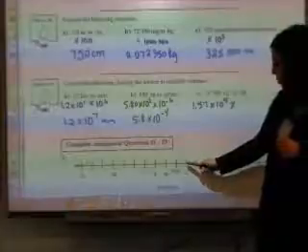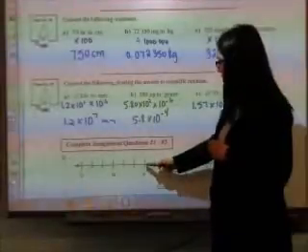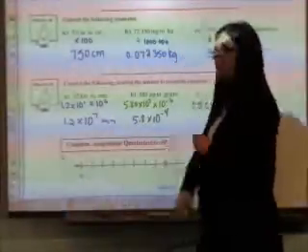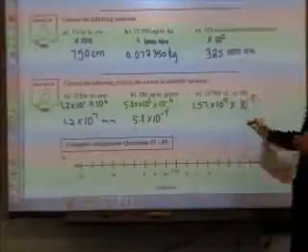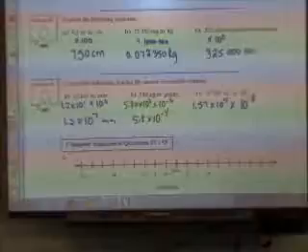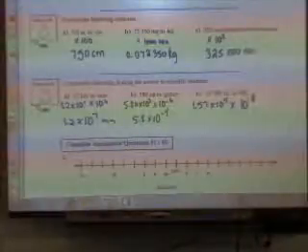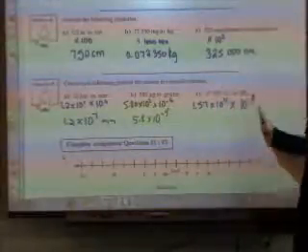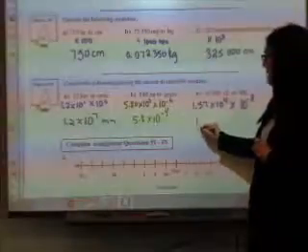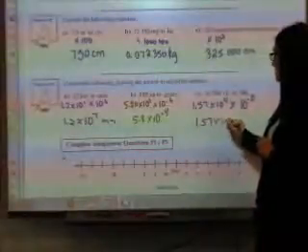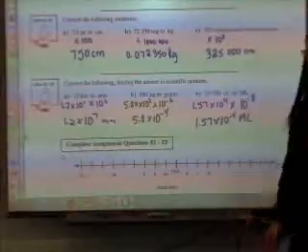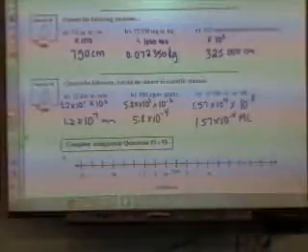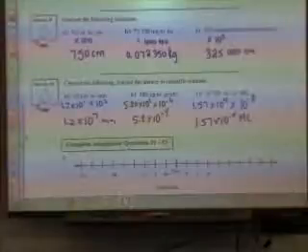If I count 1, 2, 3, 4, 5, 6, 7, 8 spots, and because again I'm moving to the left, it's -8. Add the exponents, 4 and -8 gives me -4. So I get 1.57 times 10 to the -4 megaliters.